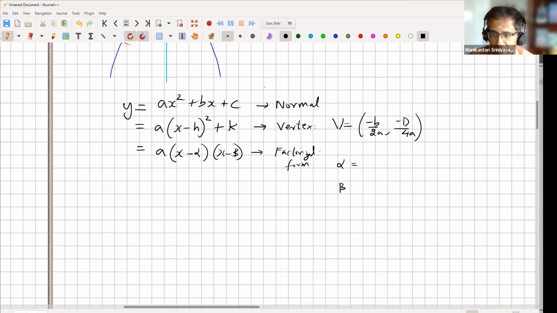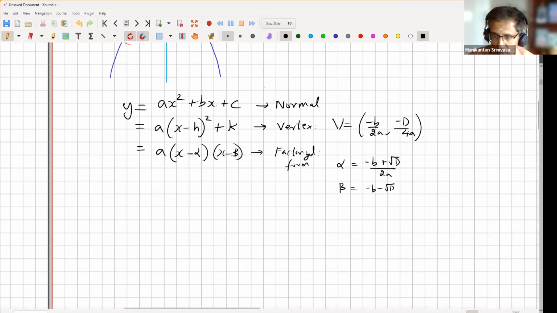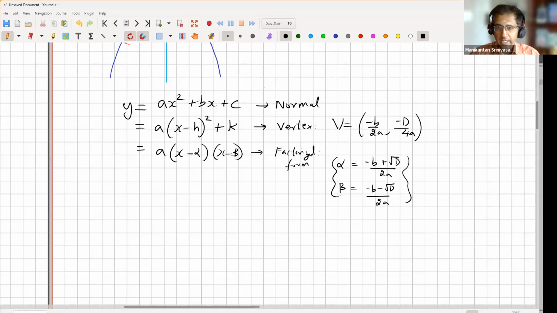So alpha is (minus b plus root d) by 2a, and beta is (minus b minus root d) by 2a. So this helps in solving. All of these forms has a certain merit. For example, ax square plus bx plus c, you can ask what is the merit. I can quickly infer what the y-intercept is. The y-intercept is c directly, (0, c).